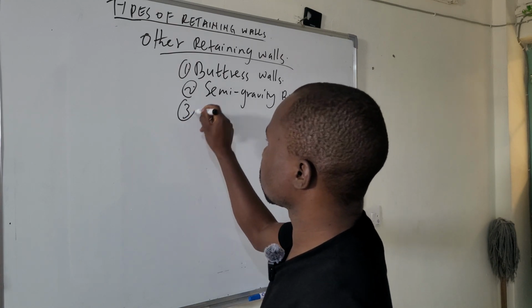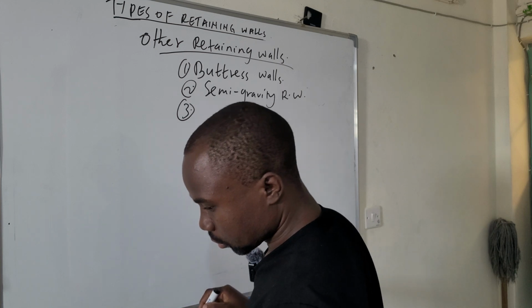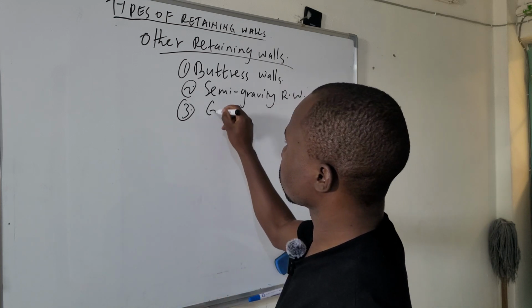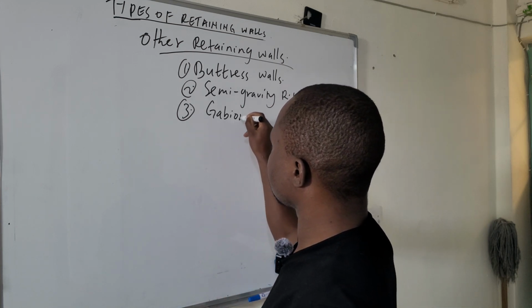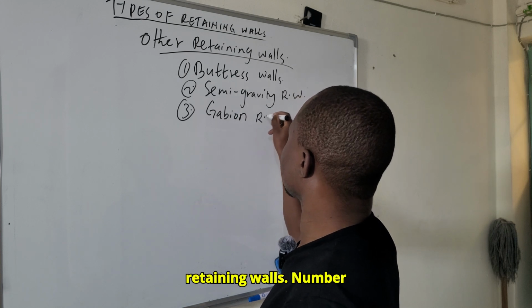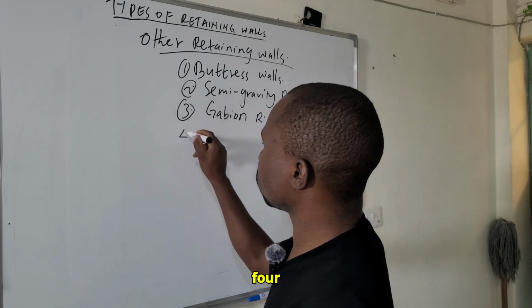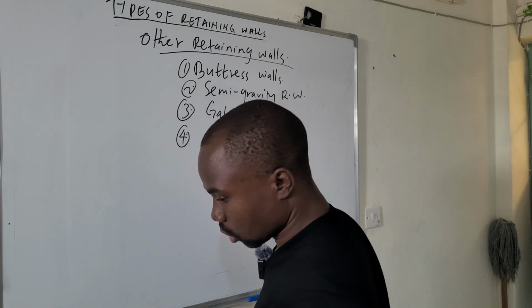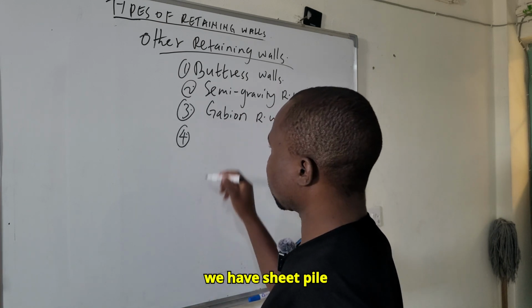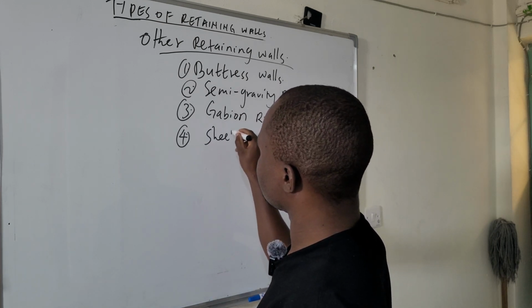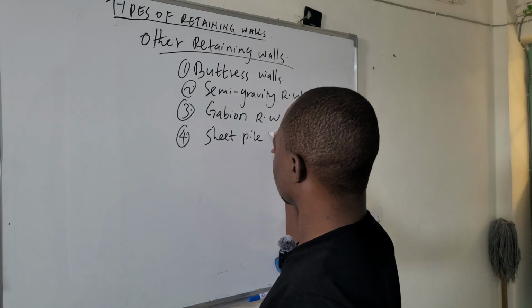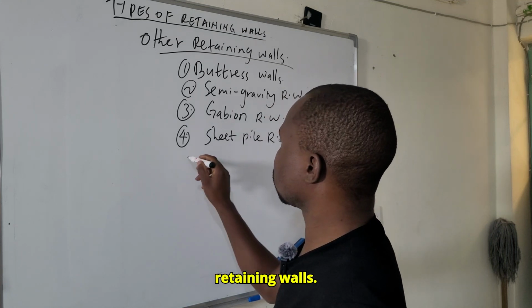Number 3, gabion retaining walls. Number 4, sheet pile retaining walls.